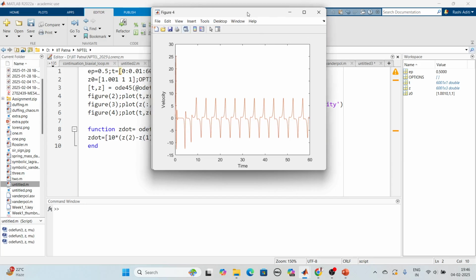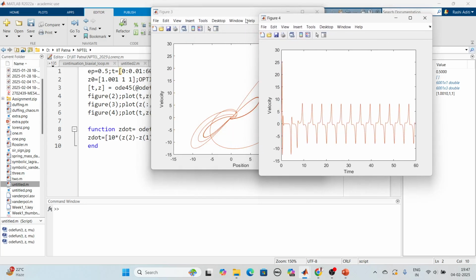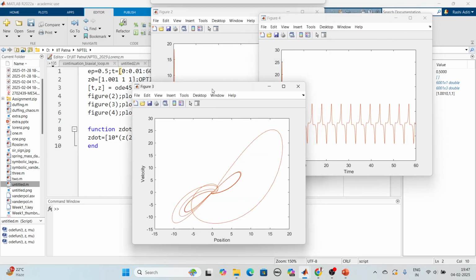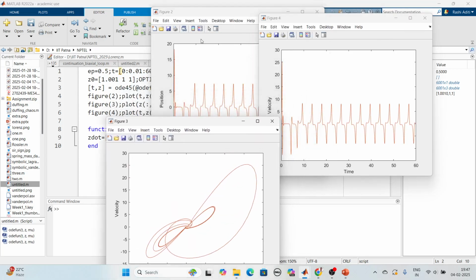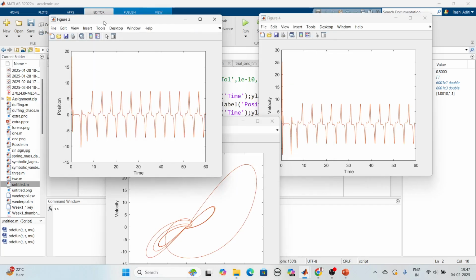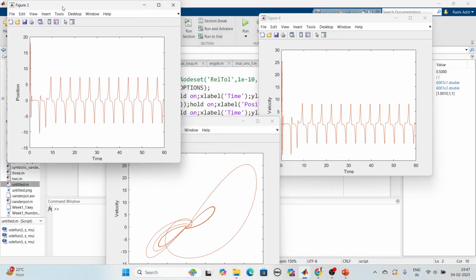See, did you see? It has completely overlapped whatever the previous solution was. There is no difference, because the change of the initial condition was very small, right?